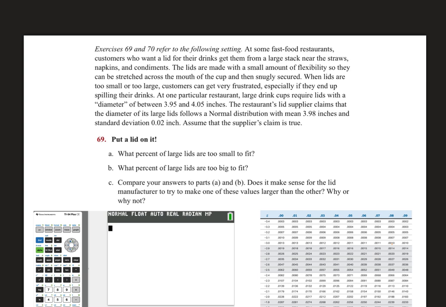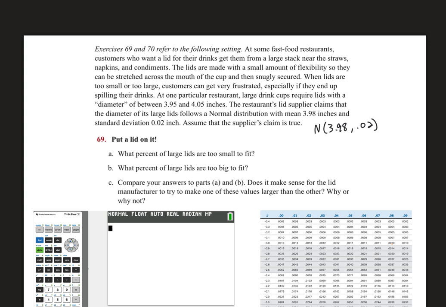Okay, let's write that. So it's a normal distribution. The mean is 3.98 and standard deviation is 0.02 inches. These are both the same units, both inches. Assume that the supplier's claim is true, that that is the mean and standard deviation of the diameters of their large lids.